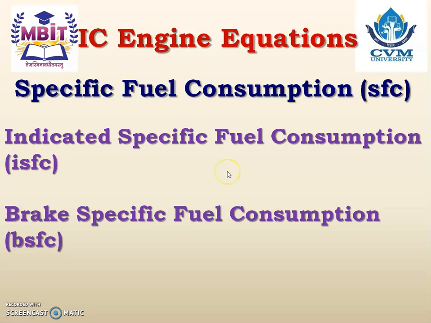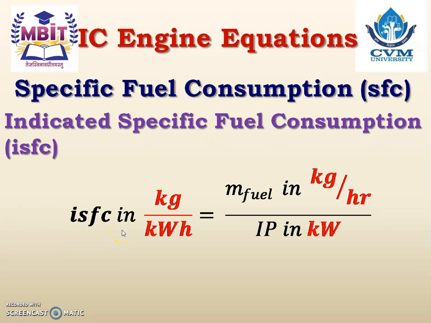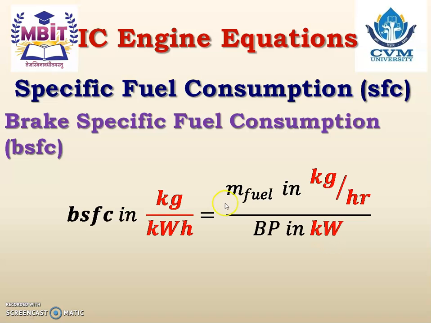Specific fuel consumption. It can be indicated specific fuel consumption and brake specific fuel consumption, that is ISFC and BSFC. ISFC in kilogram per kilowatt hour is equals to mass of fuel in kilogram per hour divided by IP in kilowatt. And BSFC is equals to mass of fuel in kilogram per hour divided by brake power in kilowatt.